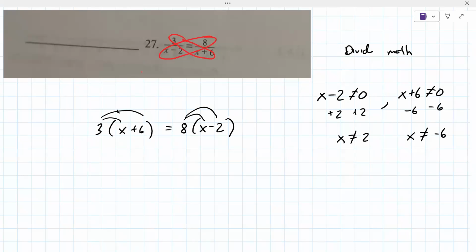Okay, so it would be 3 plus 18. Try again. Nope. What's the number in front of the variable? 1.